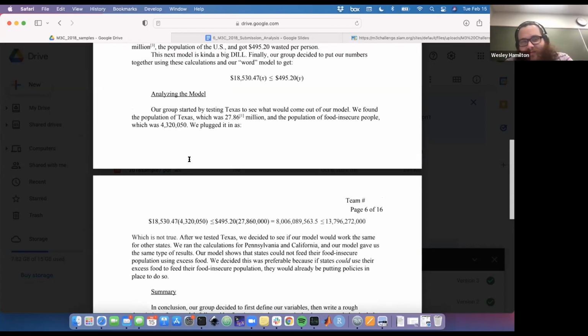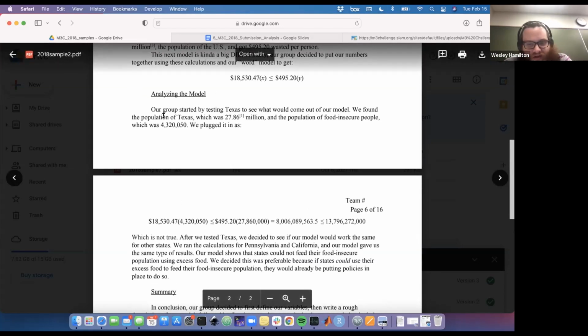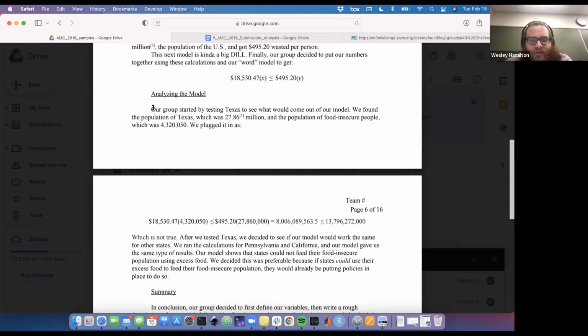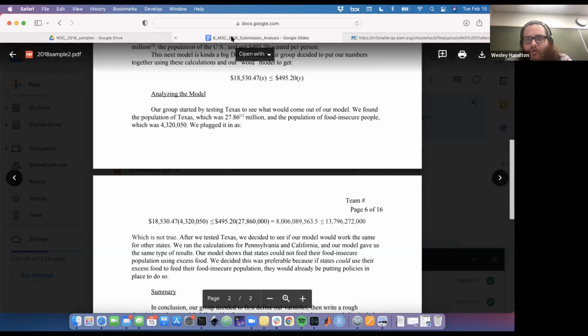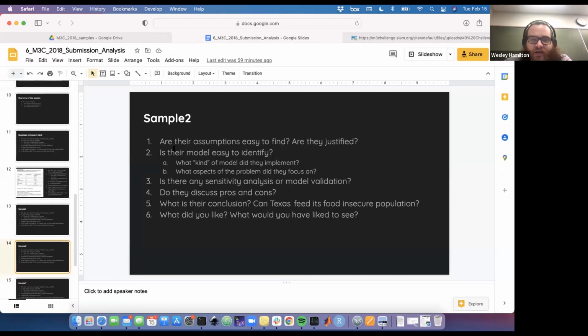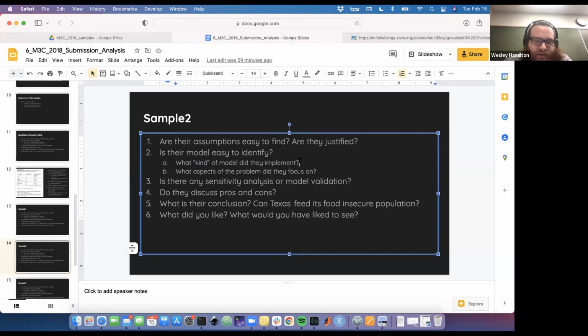So maybe it's not hard to find the model, but maybe at least on a first pass, it's not 100% clear how they're approaching things, if it's well justified. So, sure, we can find it. We can kind of make sense of how they're trying to answer this question. Maybe organization can be a little better, so it's easier to find these pieces that we're looking for.